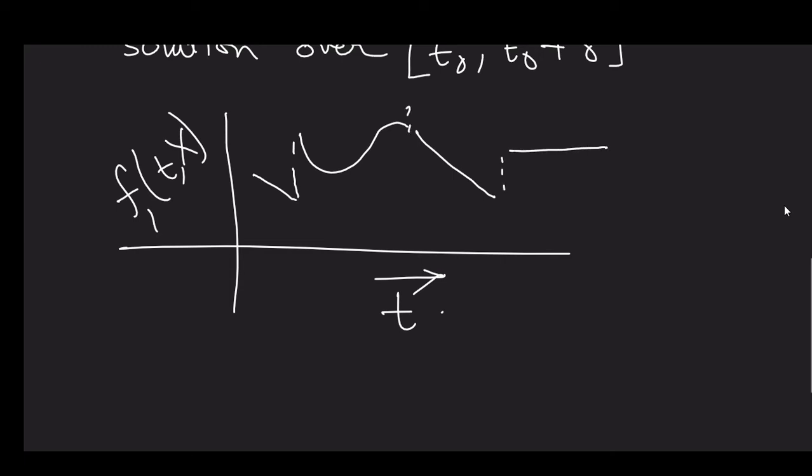Here you can see that these are the different regions where the functions have continuous value. Now another function may have a different value.